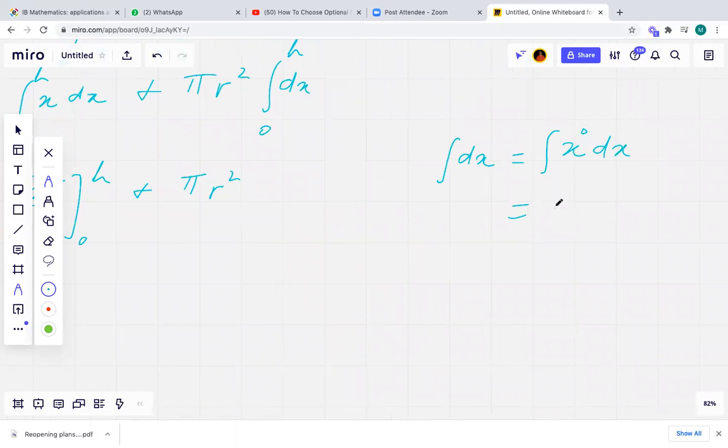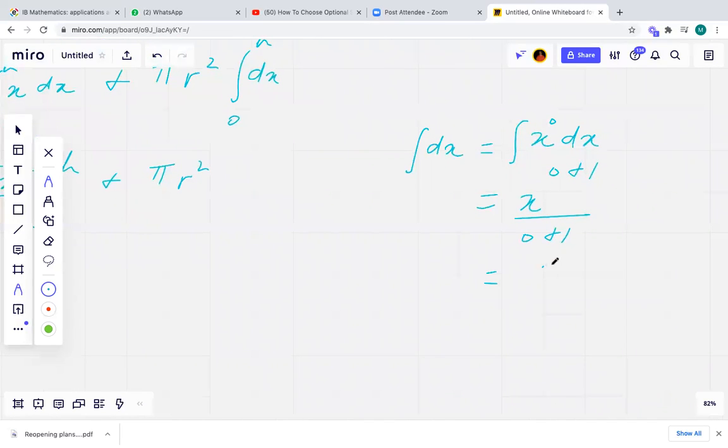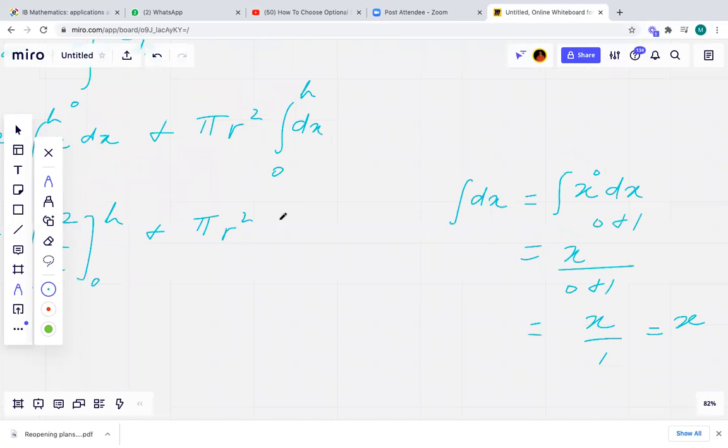It is x raised to 0 plus 1 upon 0 plus 1, which is x upon 1, which is x. Have you understood? Yes, sir.